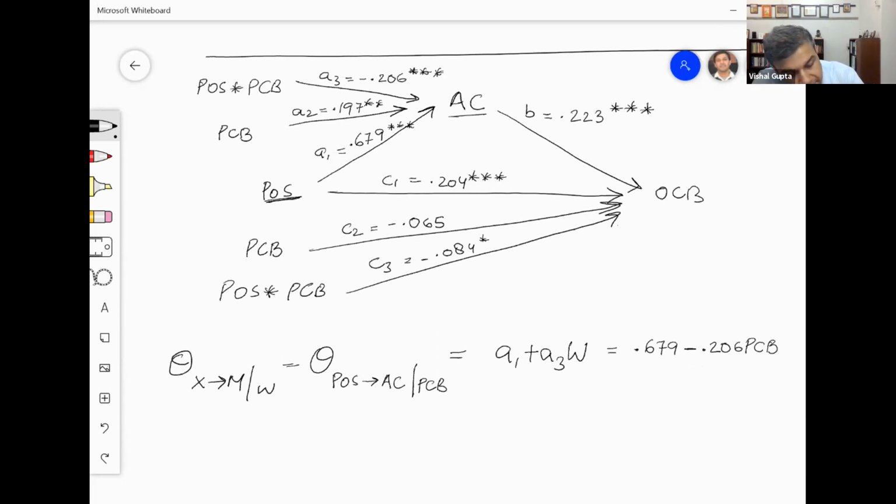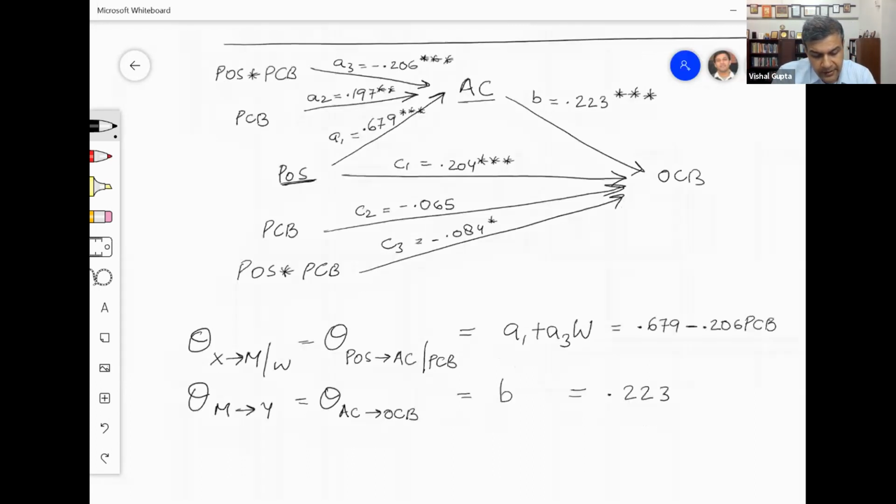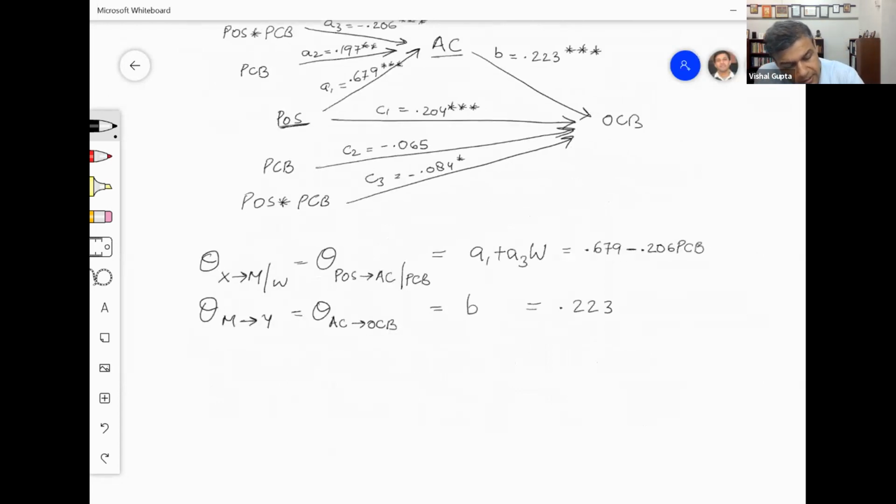Okay, then theta m to y, which is theta AC to OCB. Now this is not conditional on anything, which is equal to B, which is equal to 0.223. So what is our conditional indirect effect? Okay, so what is going to be our theta x to m to y conditional on W indirect effect?